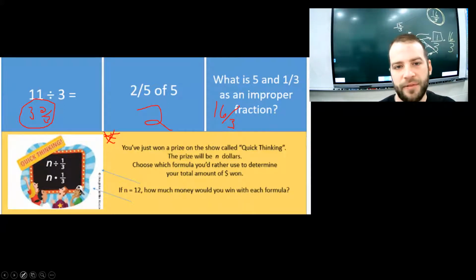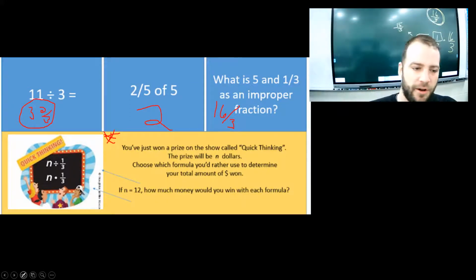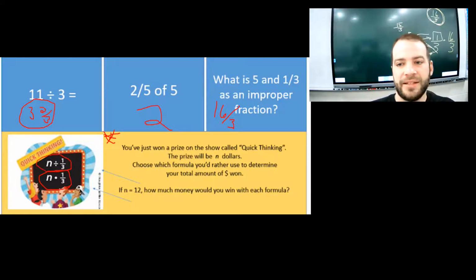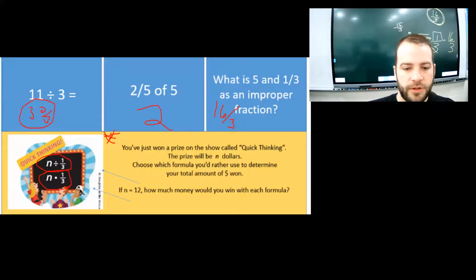When you divide by a fraction, it gets bigger. And when you multiply by a fraction, it gets smaller. This is multiplying by a fraction, so it would actually make whatever N is smaller. And this, you divide by a fraction, so whatever N is, it would make it bigger. So your answer is you'd rather divide by a third.